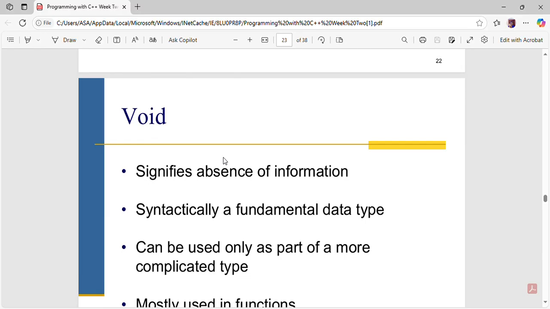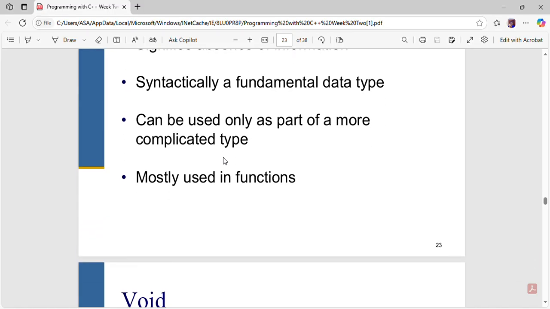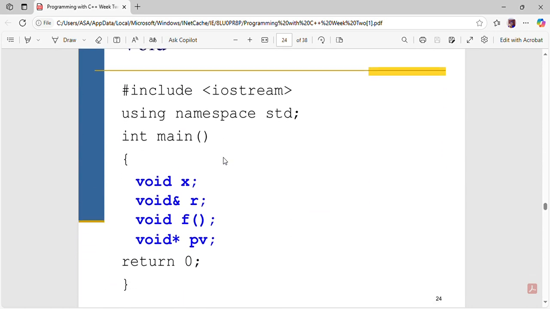Let's quickly look at the void. The void signifies absence of information. That's when no information is being assigned to a particular data type. Syntactically, it is a fundamental data type. Yes, it is a fundamental data type here. It can be used only as part of a more complicated type, mostly used in functions.